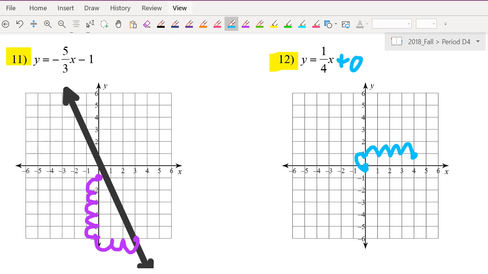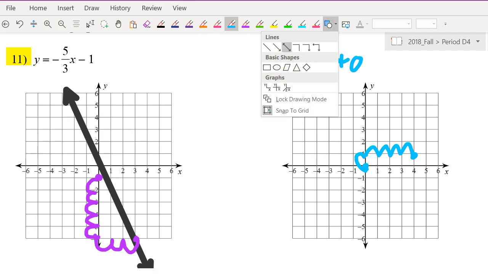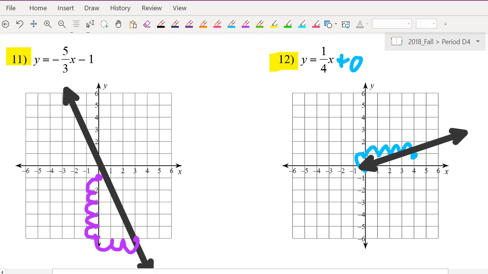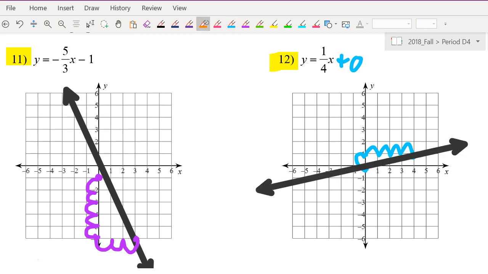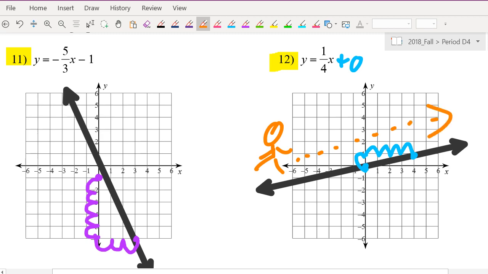There we go. Now, is this a positive or negative slope in the equation? Positive, so we need to double check it. Here's our orange person. Is the orange person going up? Yes, so we're okay. You definitely want to check your slope.